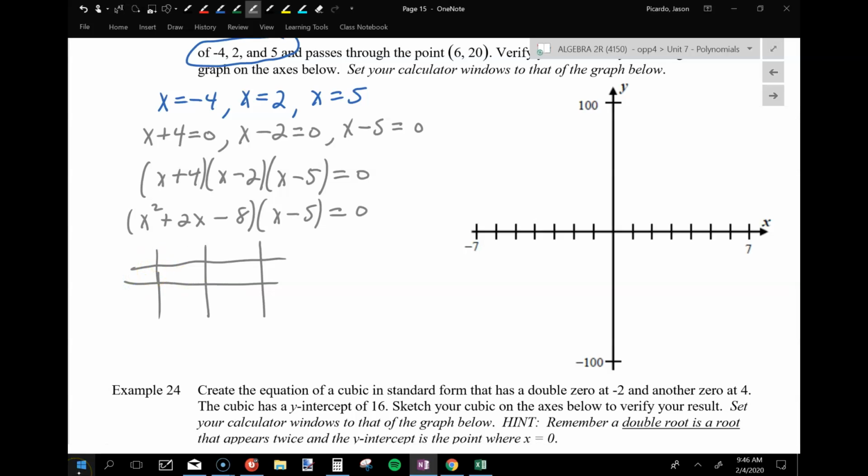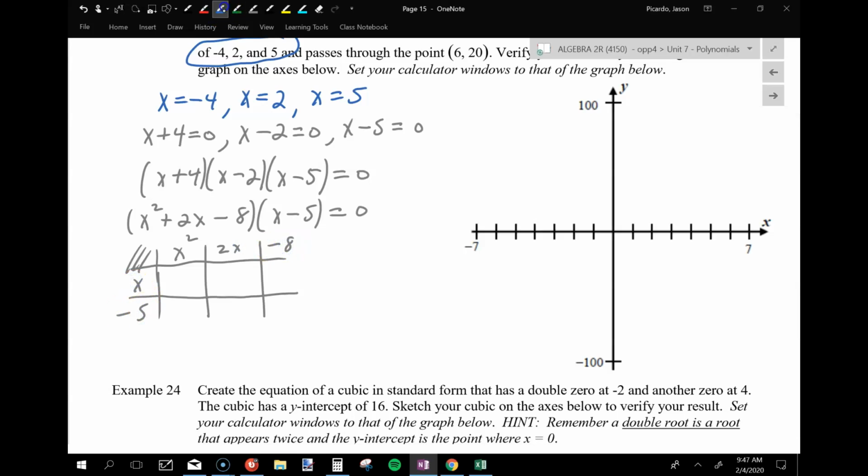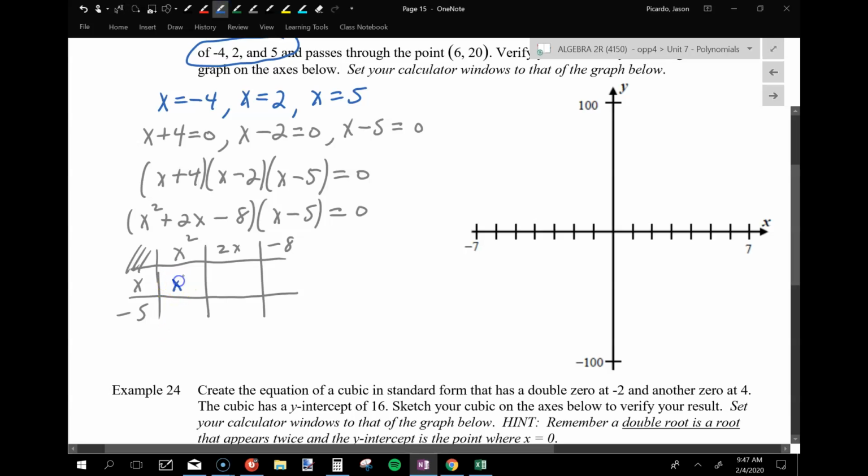Oh my gosh, that looks terrible. All right, so what do I get? I'm moving quickly through this because at this point in the game, guys, I know that you can do this skill.